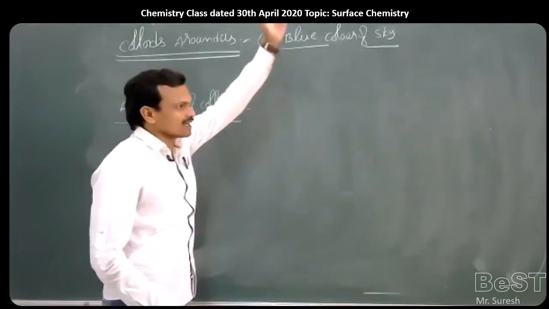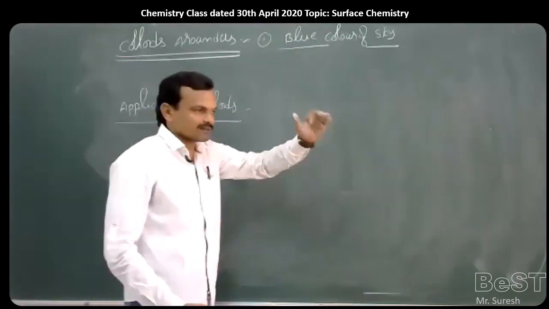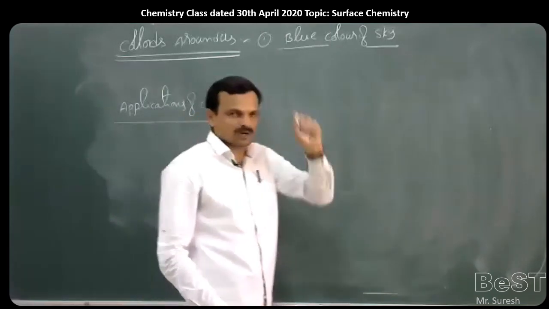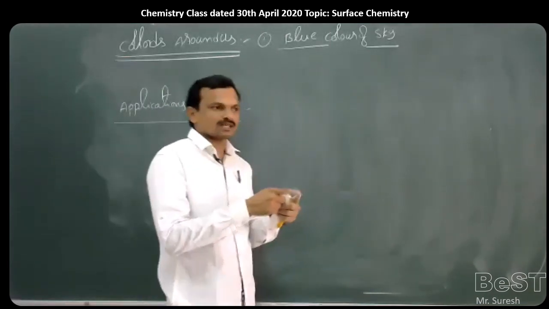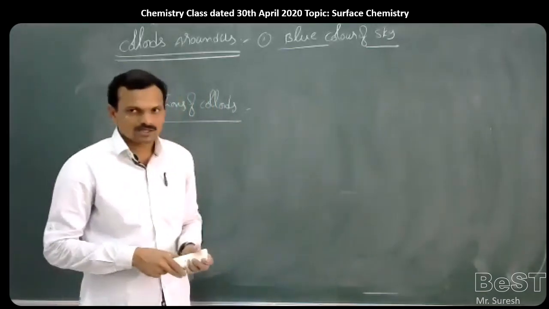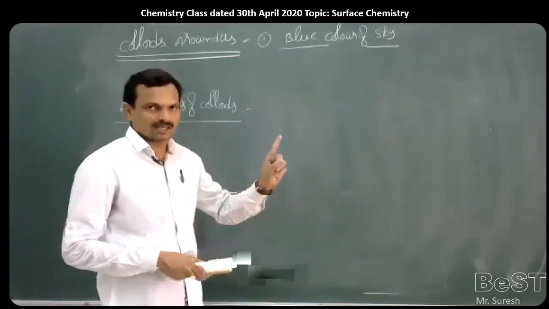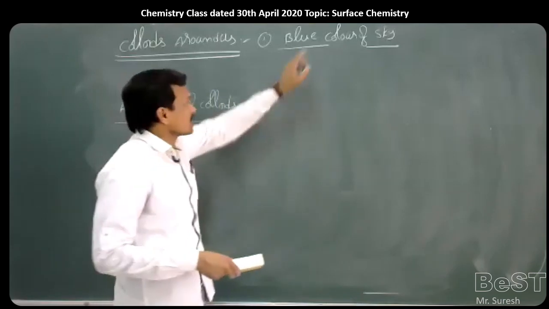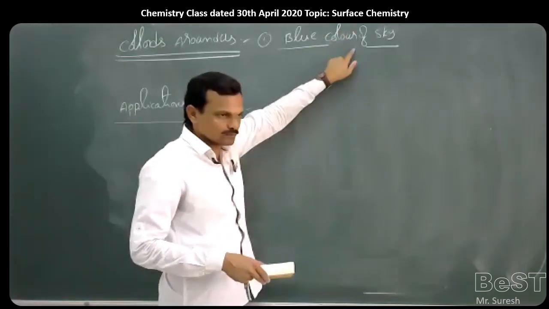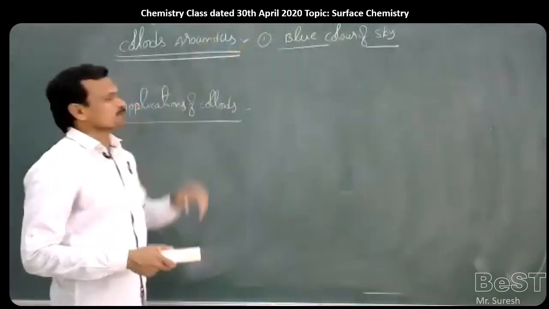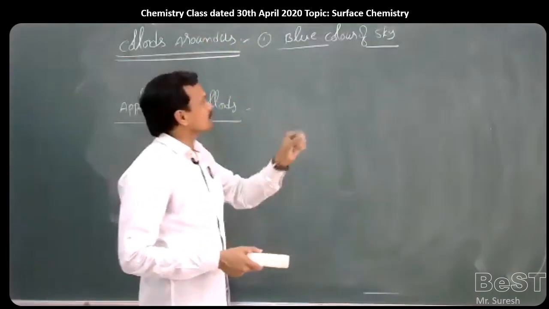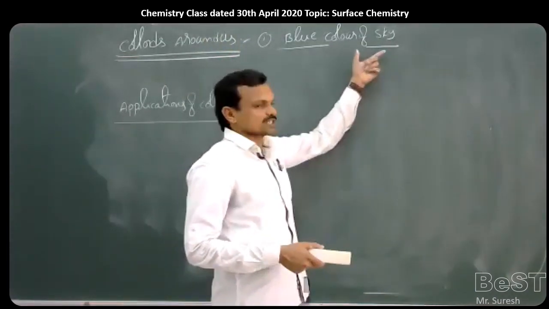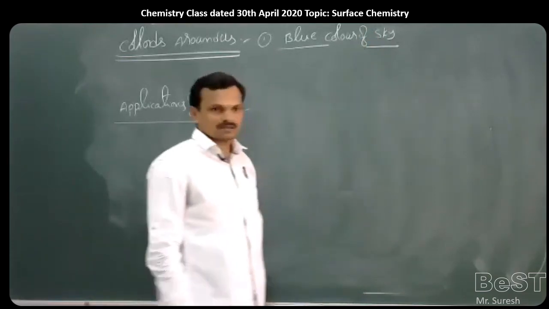Whenever the sunlight reaches the Earth's surface, the dust particles present in the atmosphere cause a scattering of blue wavelength light in sunlight. Since the blue wavelength light gets scattered by the dust particles, the sky appears as blue. That's why the sky appears as blue.